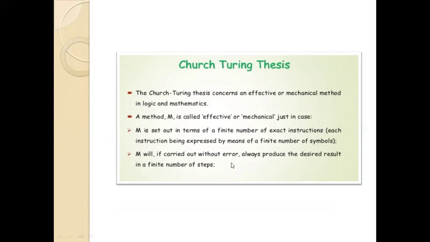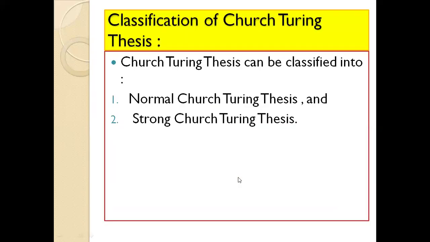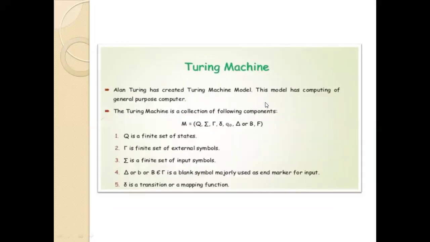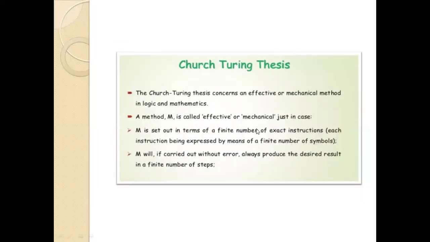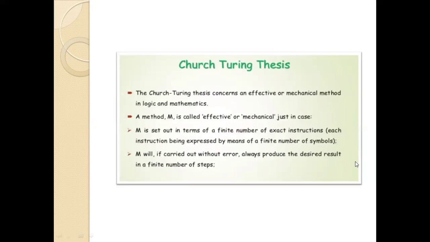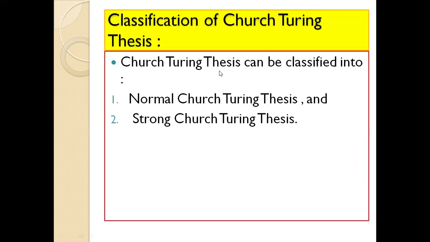M will, if carried out without error, always produce the desired result in a finite number of steps. So that's what the Church-Turing thesis provides. This Turing machine is directly associated with the Turing thesis. So according to the Turing thesis, M will be called effective or mechanical only when M is fulfilling these Turing machine conditions. You can shortly say it like that. Clear?